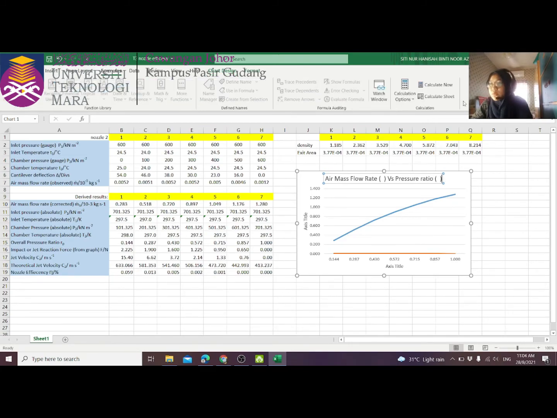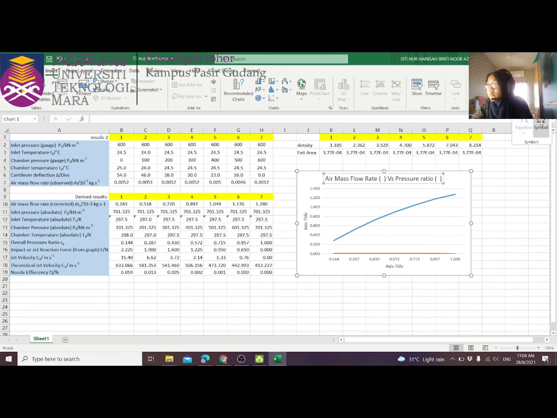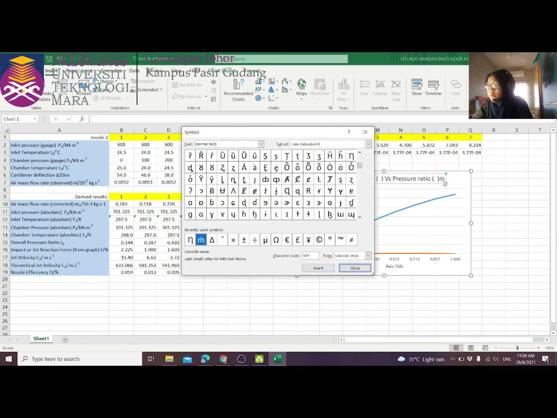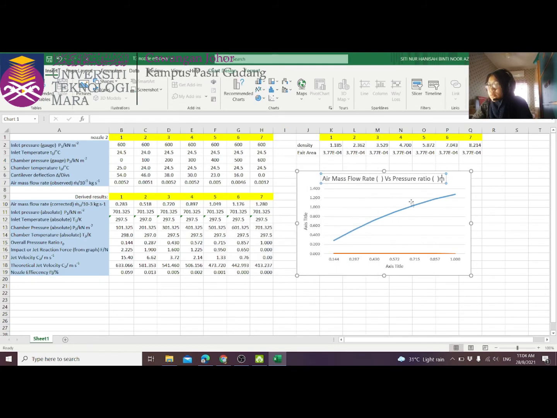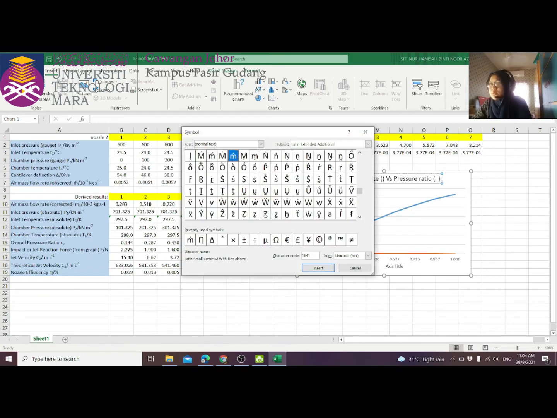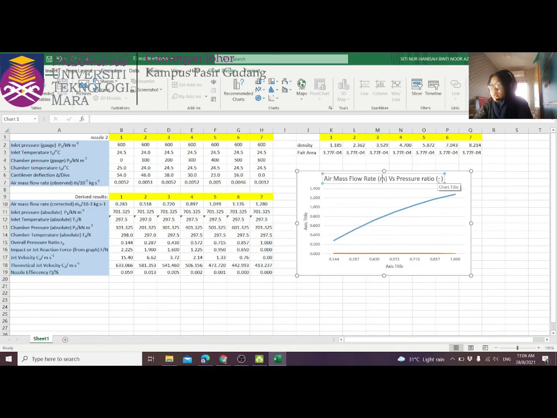Okay, and then go inside this one, and then for the pressure ratio it is RP. So first this one, and take it from here. Proceed. Maybe RP. This one should be.